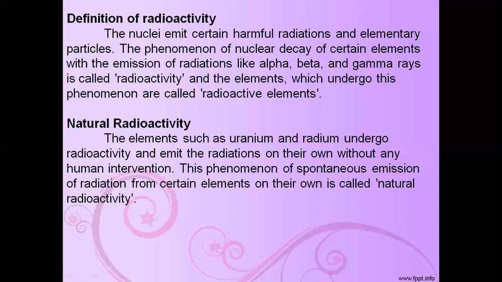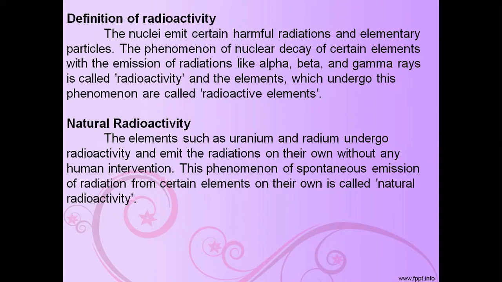So in natural radioactivity, the element's atomic number is more than 82. So it is spontaneous radioactivity, for example uranium, radium. We know that above atomic number 82 it is spontaneous radioactivity, but below 82 there are two substances where spontaneous radioactivity was identified.